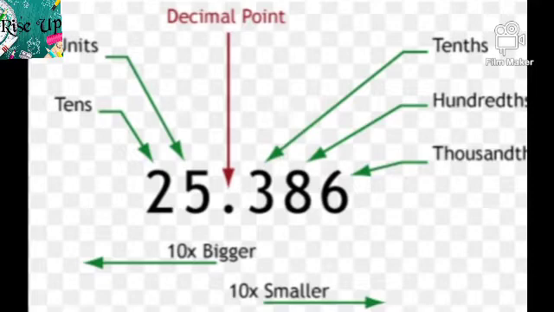And the numbers before the decimal, that means 2 and 5, are known as tens and units. They are in the tens place and units place. And the numbers after the decimal, 386, are tenths, hundredths and thousandths.